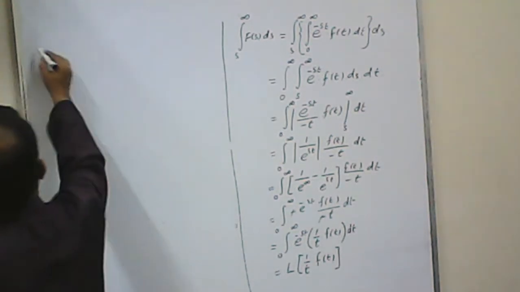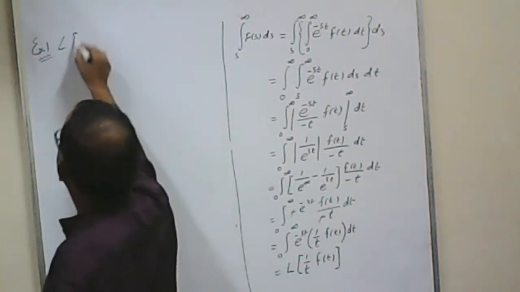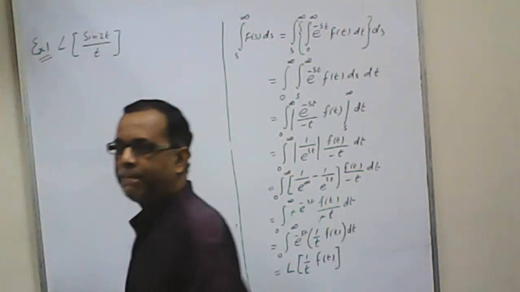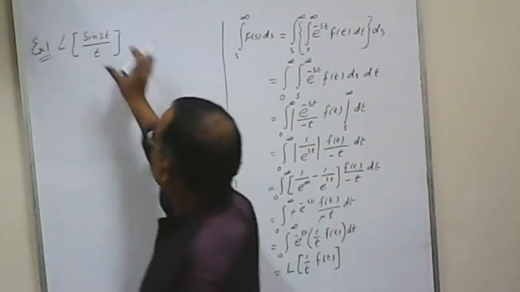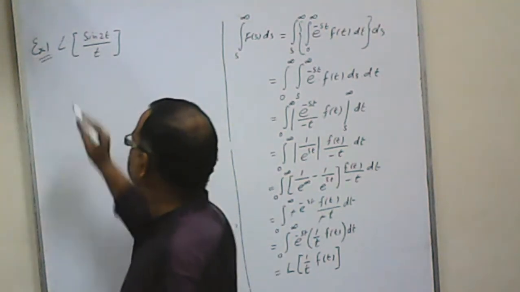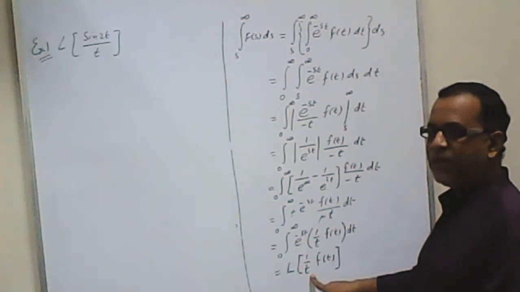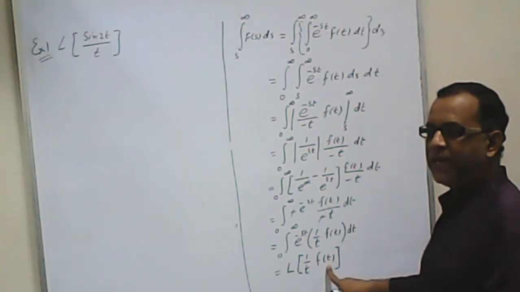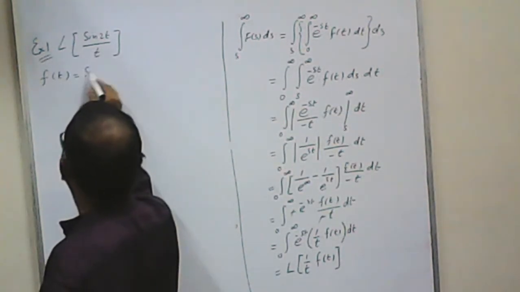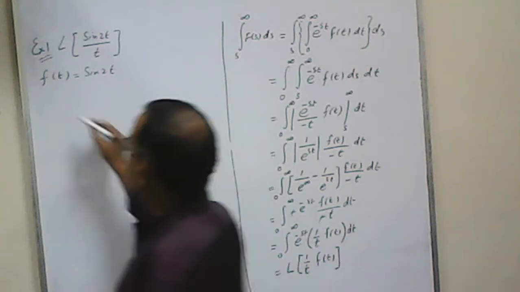Let's say example 1 is finding the Laplace of sine 2t divided by t. Whatever you have in the numerator will be treated as function of t. As you know, this is function of t times 1 over t. So leave it as 1 over t, and the remaining term will be treated as function of t. So here function of t is sine 2t. Now we need to find the Laplace of this.